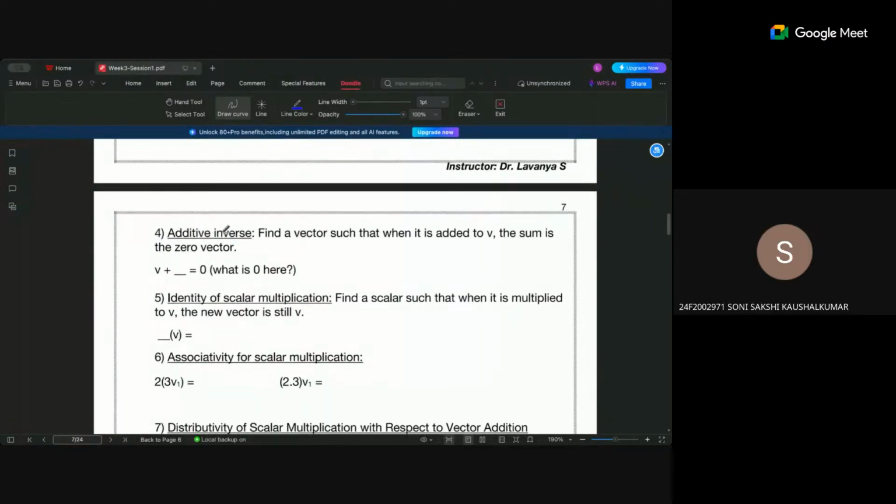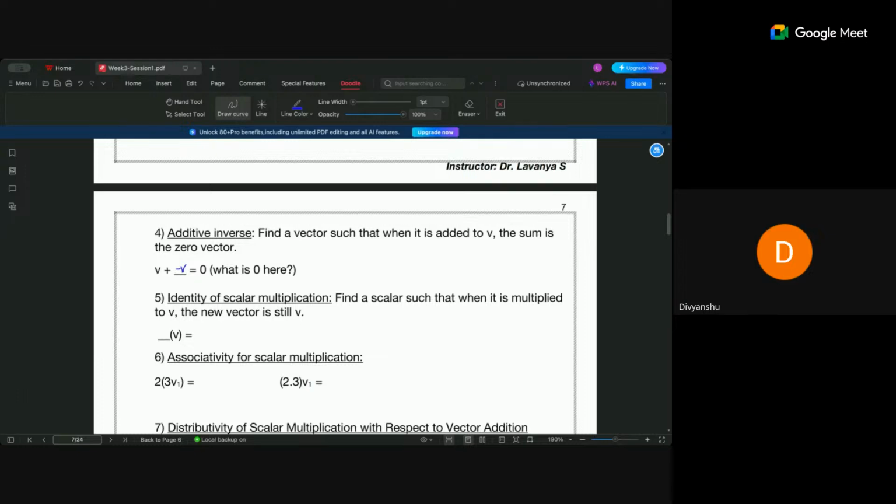And now what is additive inverse? Find a vector such that when it is added to V, the sum is the zero vector. Minus V, right? So here you see that this is called the additive inverse.